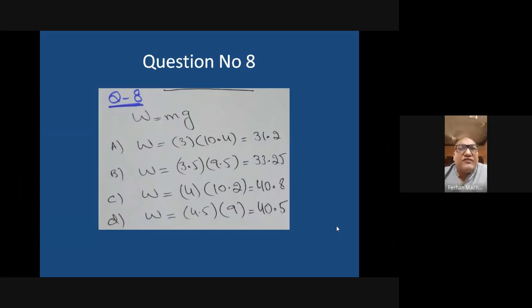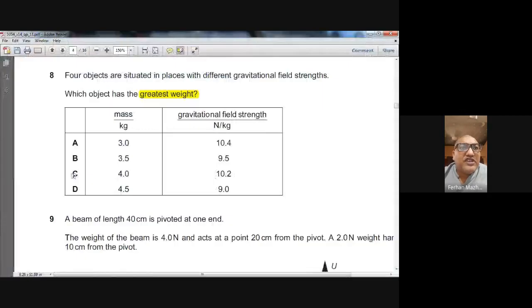And in the D option, 4.5 multiplied by 9 will be 40.5 Newton. So where is the greatest weight? That is 40.8. The option is C. So C will have the greatest weight. Question number 8. C is the right option, sir.